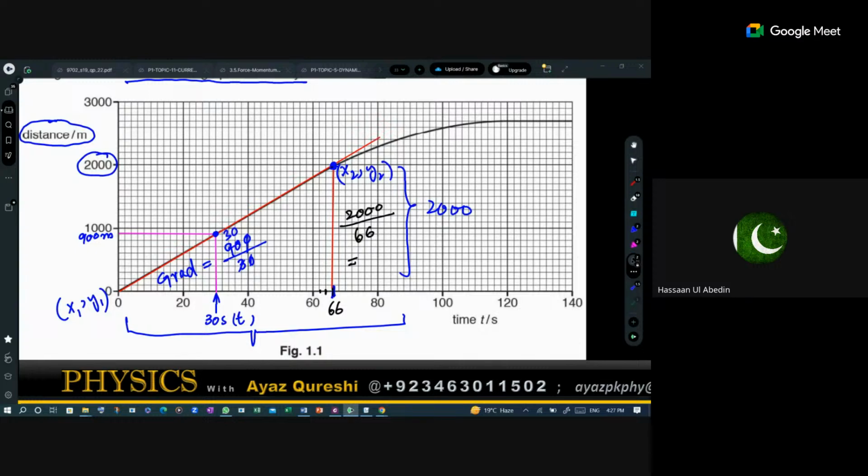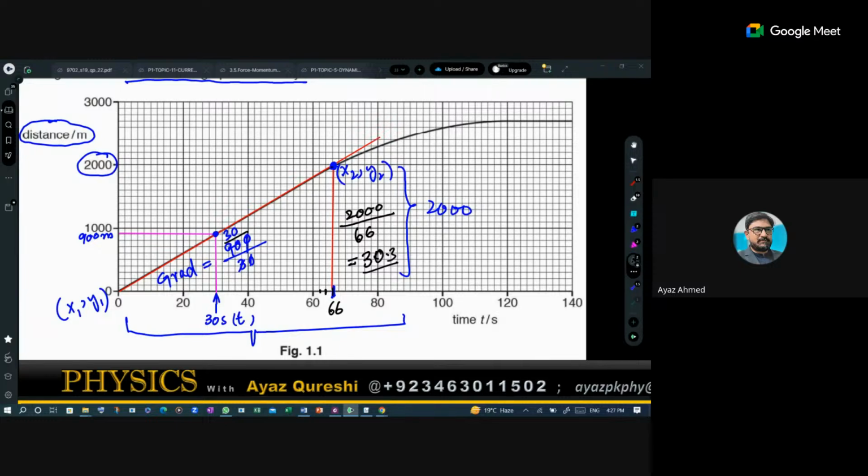It is 30.3. Yes, it is 30.3. So both are going to give you almost the same answer, 30.